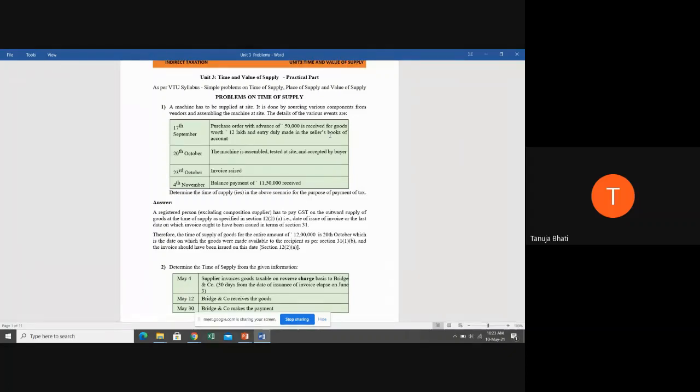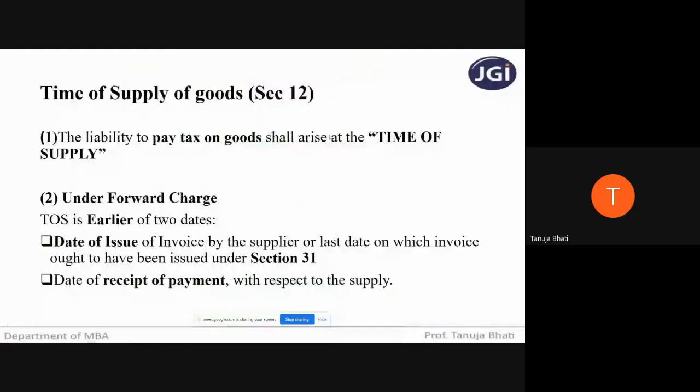So which provision will you apply? Section 12 subsection 2. First you need to know the section. This section tells us that the time of supply in respect of goods under forward charge will be the earlier of 2 dates: the date of issue of invoice or the date of receipt of payment, whichever is earlier.